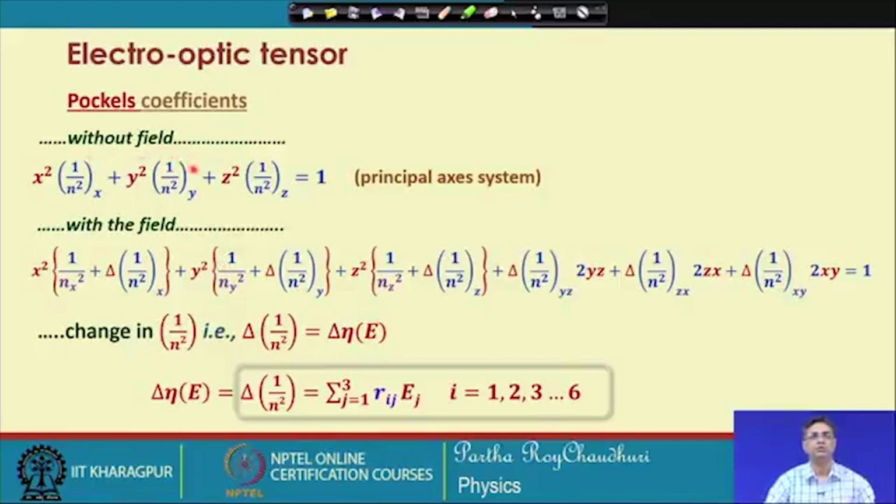Without field you have this equation in the principal axis system, and with the field you have this equation in the principal axis system, and the change in the impermeability is represented by this equation. So, you have delta n square, which is, this is for the Pockels coefficient. If you pick up only the Pockels term, then you have this Pockels coefficient, which is represented by this.